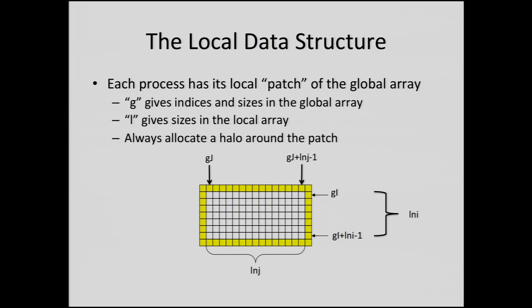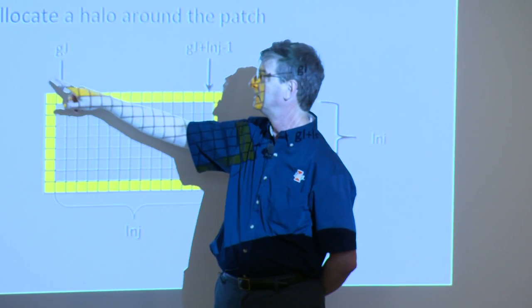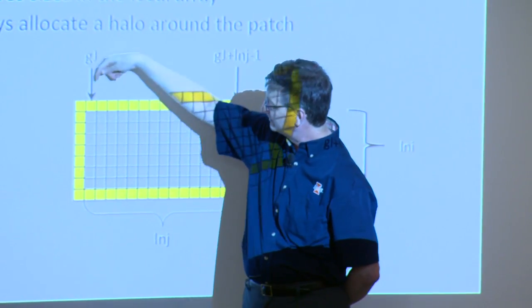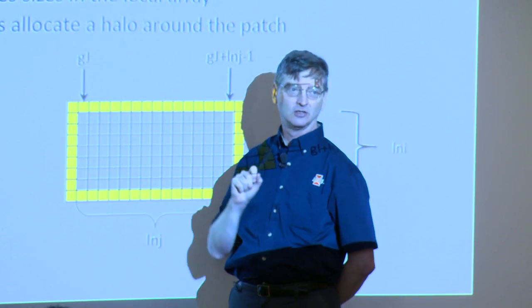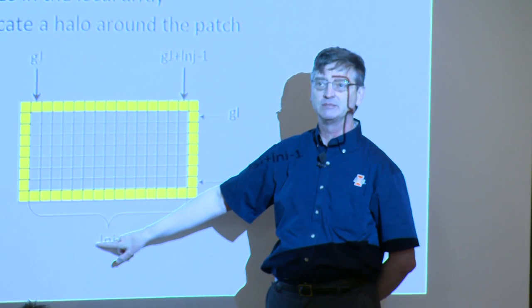Okay. So what does it look like? So here is a piece of the code, and we're going to use G to refer to the global grid. So GJ is the J index for the beginning of my patch in the global grid. We're going to use L for stuff that describes the local piece.